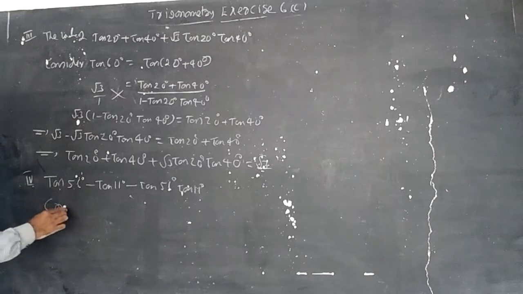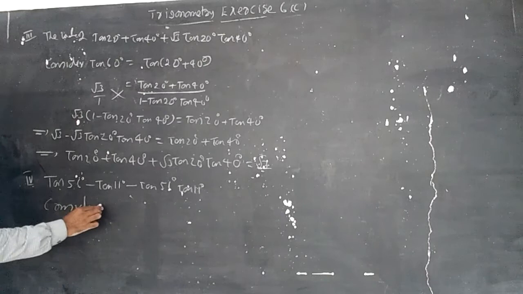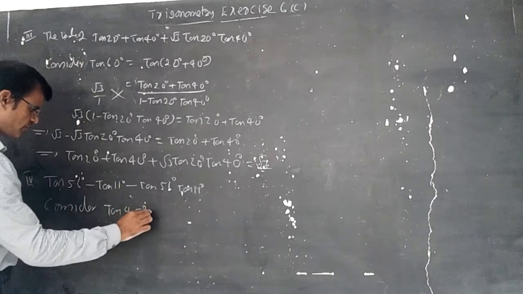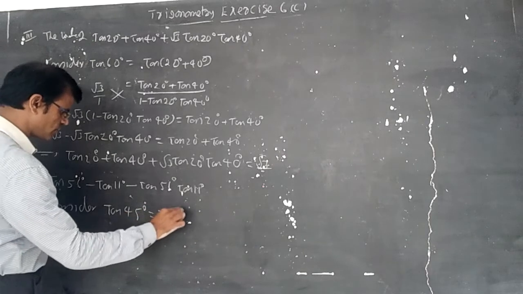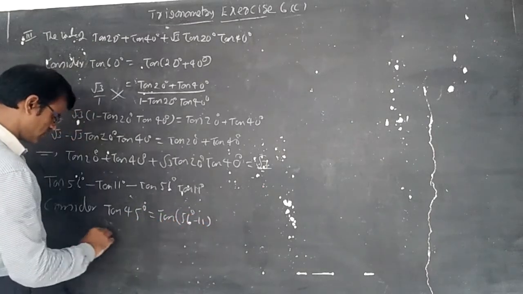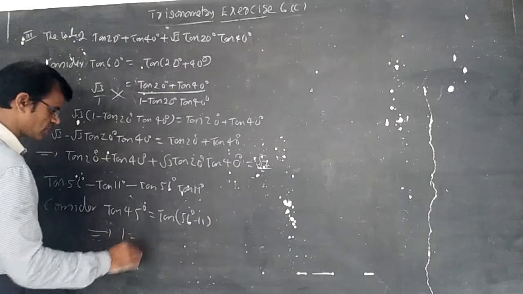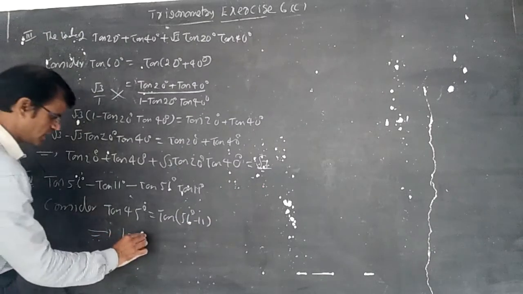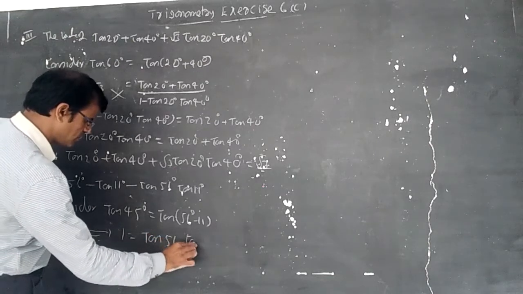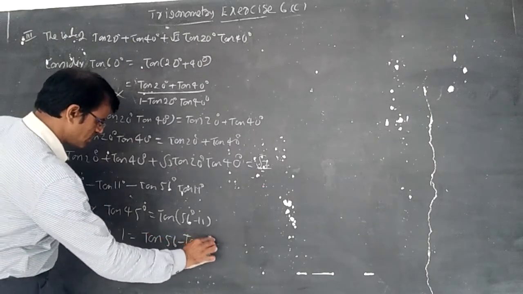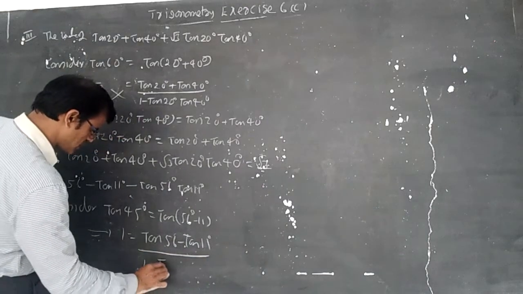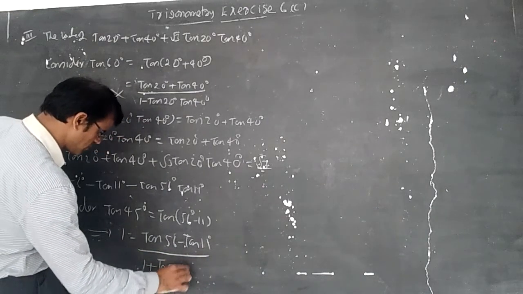Consider here the minus is there. You can observe that. Consider here tan 45. Write tan 45 as 56 minus 11. The value of tan 45 is 1, and here apply the formula tan A minus tan B by 1 plus tan A tan B. So tan 56 minus tan 11 by 1 plus tan 56 into tan 11.